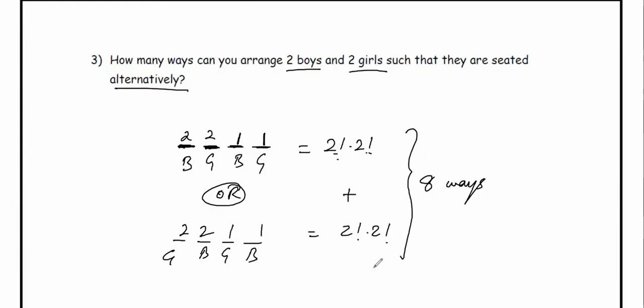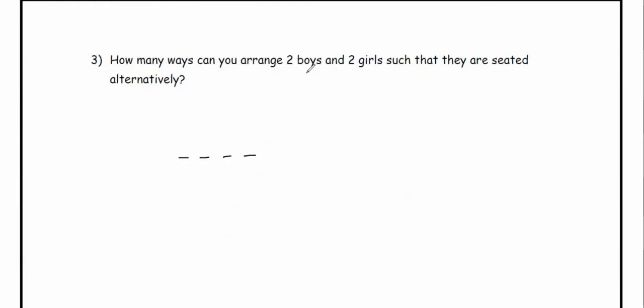There's another way I can solve this question. Suppose altogether there are 4 children, so there are 4 options in the first dash. Let's say it's a girl, then I know instinctively that the next one is going to be a boy, the third is a girl, and the fourth is a boy. So for the next girl dash there's only 1 option because 1 girl is already seated.